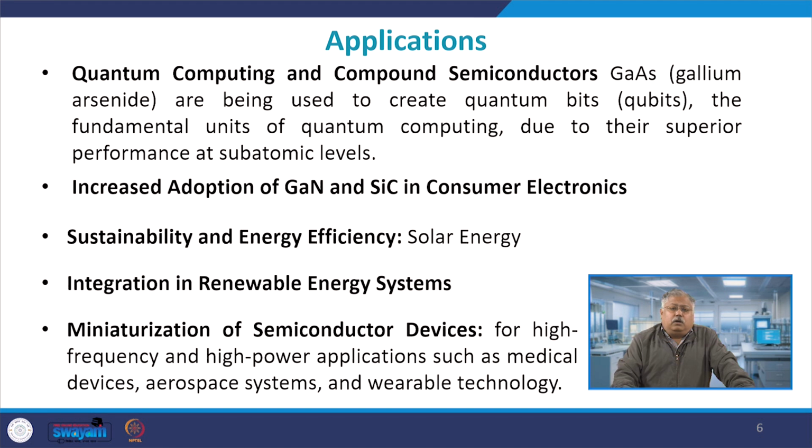And a group of researchers are also working on integrating these 3-5 materials on renewable power energy systems. Since you are miniaturizing the semiconductor devices, because that's the way to move forward in order to put more application per unit area of silicon or 3-5, it is used for high frequency and high power applications, as I discussed with you, and this is used in medical devices, aerospace engineering and wearable technology.